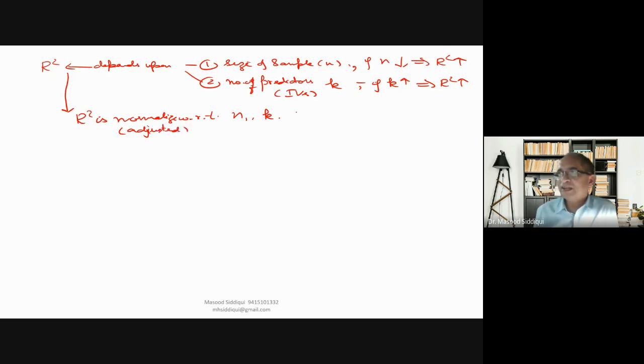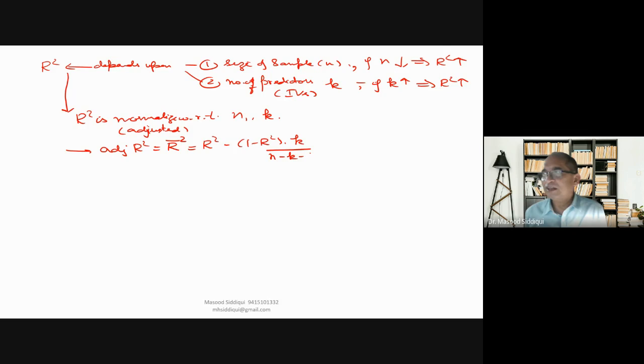And correspondingly, we have another coefficient, that is adjusted R square. In economics and commerce, it is also written as R bar square. So this R bar square is actually 1 minus (1 minus R square) into (n minus 1) divided by (n minus k minus 1). You can ignore the formula. But here we are adjusting R square.